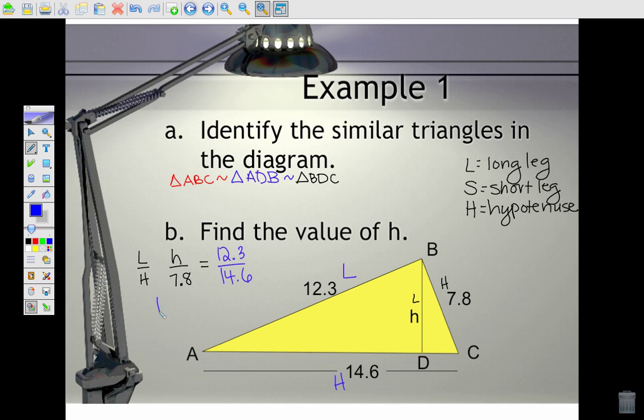And at that point, I just have to go ahead and cross multiply. So I would get 14.6H, and that equals 95.94. And if we go ahead and divide, H would equal 6.57.